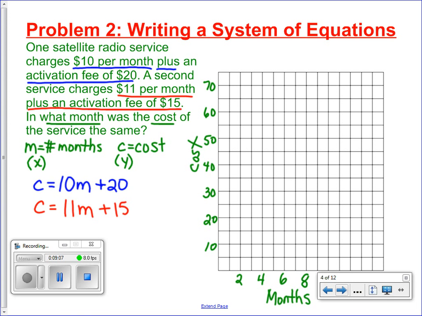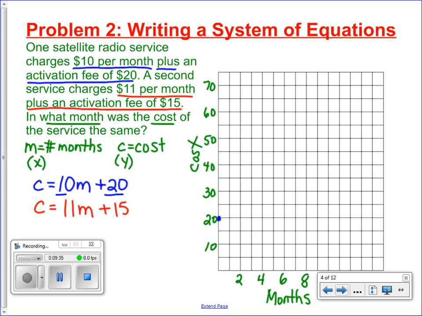All right, so I'm going to graph my first equation, C equals 10M plus 20. Now this one is going to be fairly easy to do because we have a y-intercept of 20, which will go right here, which makes sense because when M is 0, 10 times 0 is 0, and 0 plus 20 is $20 for the cost.